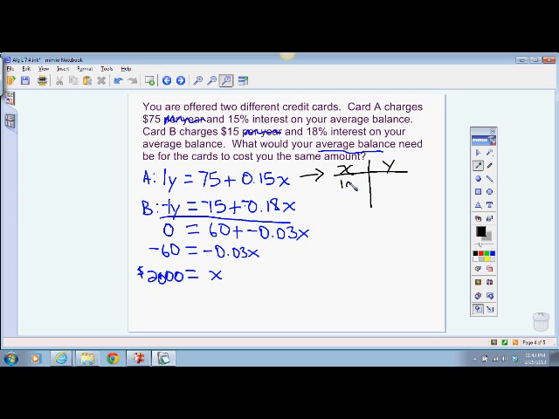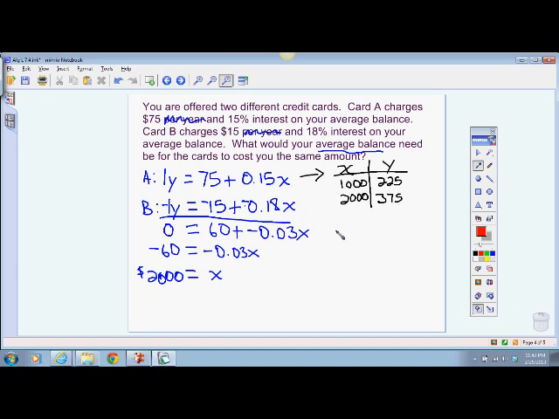If I put 1,000 in for x, what do I get out for y? Well, 75 plus 0.15 times 1,000 is 225. And let's put 2,000 in because that's the range we're looking at. If we put 2,000 in, we get 375.